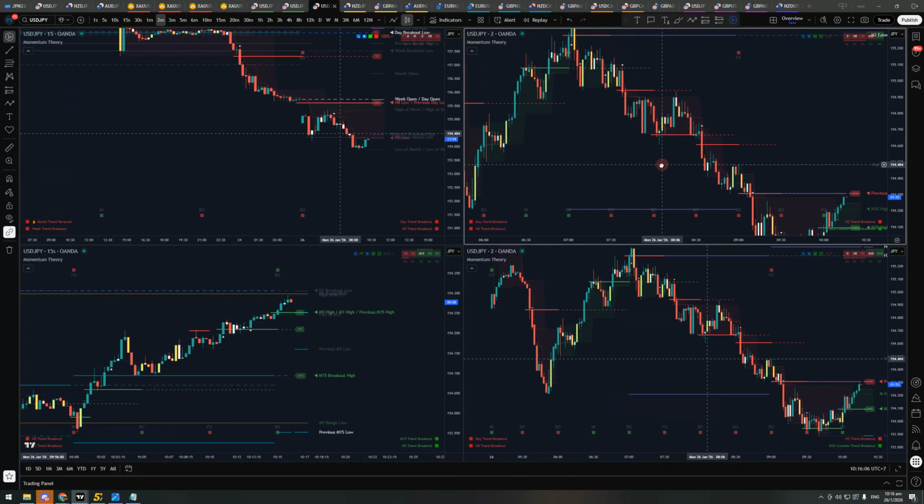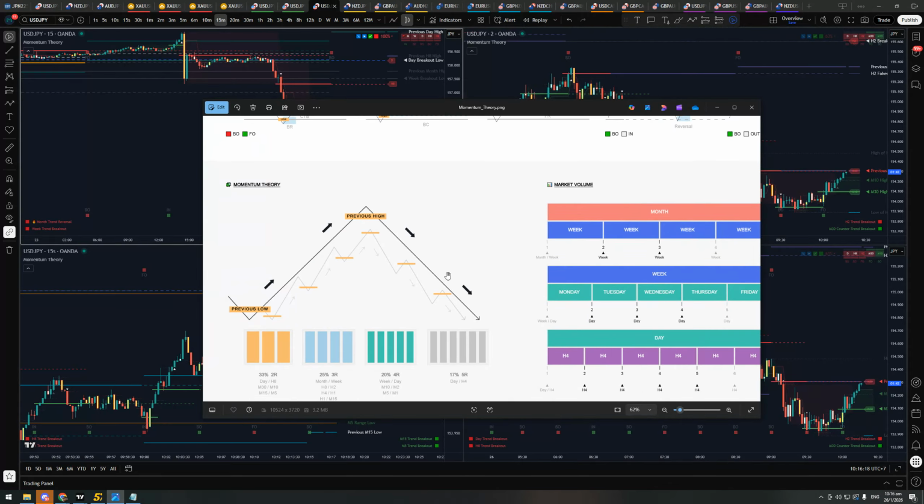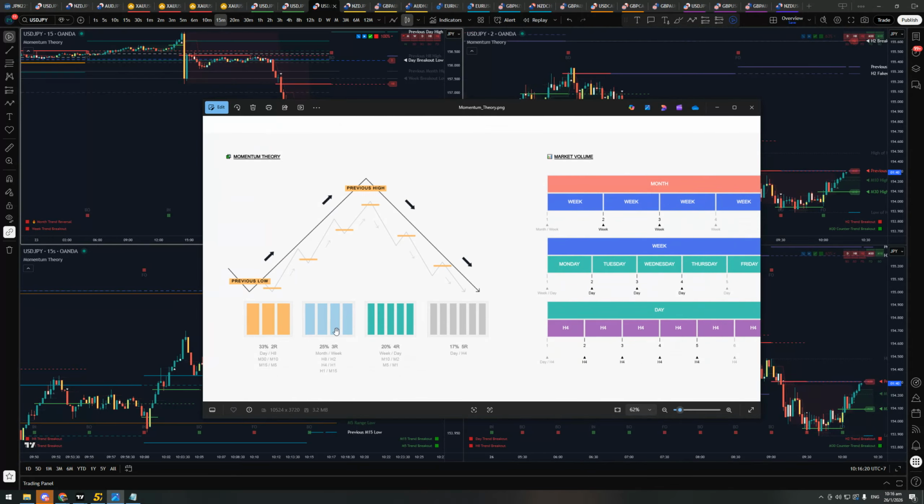In momentum theory, the whole idea is that we identify a higher time frame direction, and then you break that time frame down into smaller parts and look for the alignment on a lower time frame. So I can actually break down this 15-minute bar into three 5-minute bars.